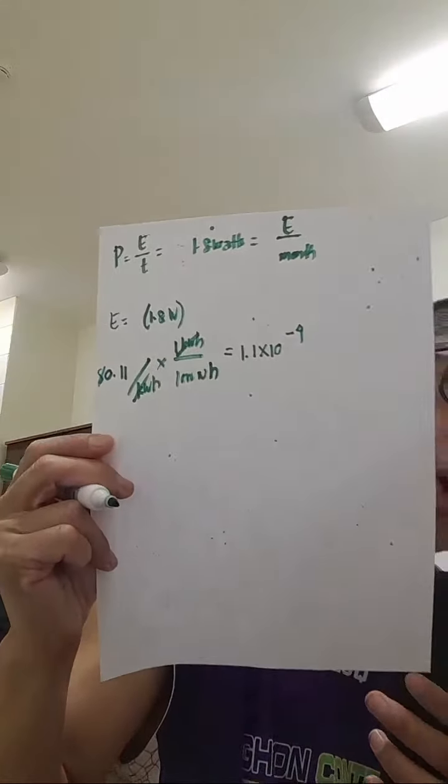So 0.11 divided by 1000 is equal to 1.1 times 10 to the negative 4. Never mind the exponent, because it will be calculated immediately, and it's already per watt hour.